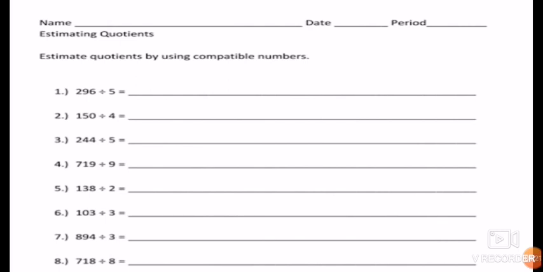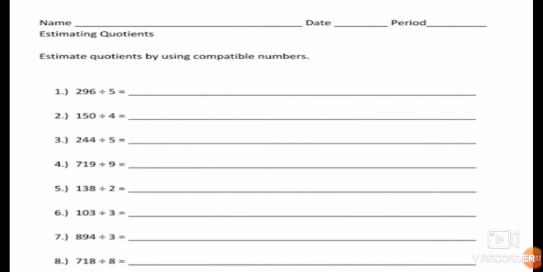So it will become 700 divided by 9. Fifth, 138. Again on the 100 place we have 1, but on the tens place we have 3, which is less than 5. So we will not add anything on the 100 place. So that will become 100 divided by 2, and the quotient will be 50.